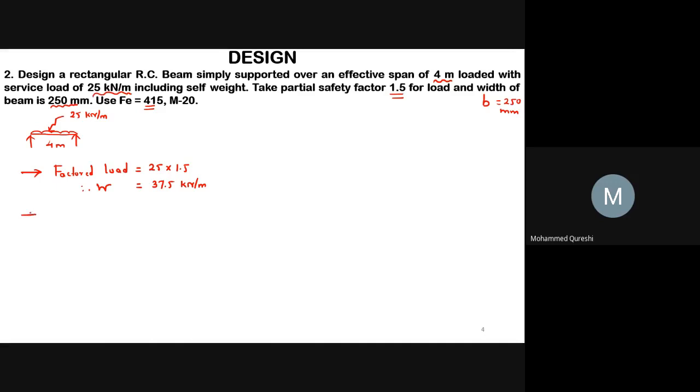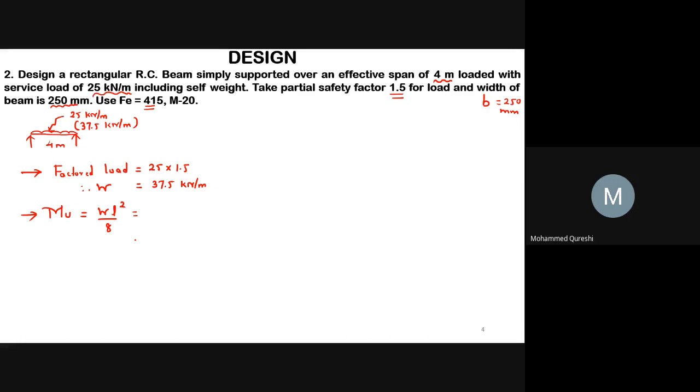We can easily calculate the moment, as we know that Mu equals to WL square by 8. So here your total factored load is 37.5 kilonewton per meter.